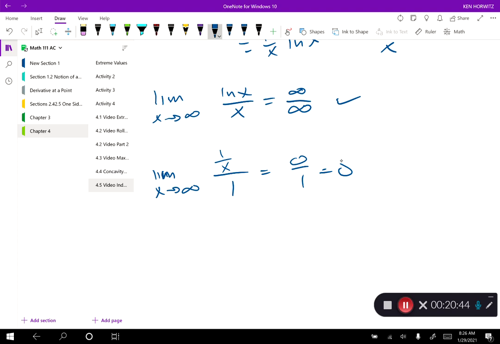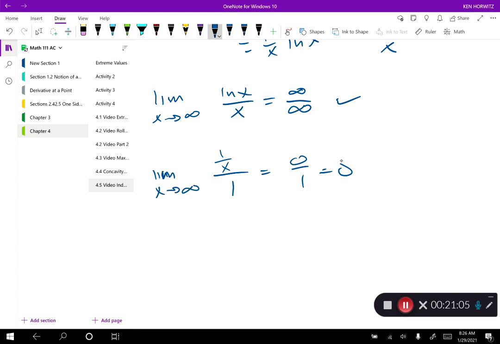Like I said, we did a lot of L'Hopital's rule. We did not do a lot of the algebraic. The algebraic will work, like I said, if it's all variables, no ln's, no trig functions or anything like that. And L'Hopital's rule looks a little bit unwieldy.